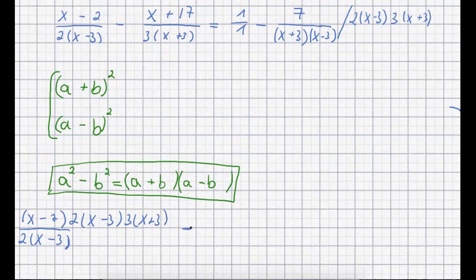Then you do minus, and then you copy the מונה and copy the מכנה, same thing. You put the מונה in סוגריים, and you write all of the מכנה משותף. So 2, x minus 3, 3, x plus 3. Okay?